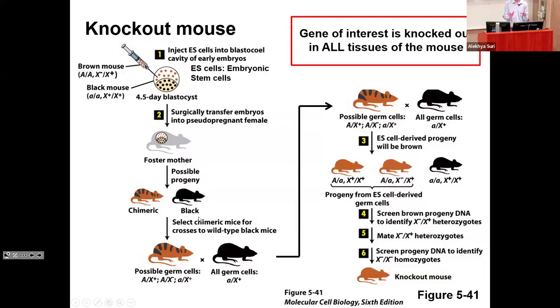The goal is to obtain a double knockout mouse so that both copies are present as knockouts. So it means that from this method, the knockout would not be life-threatening.